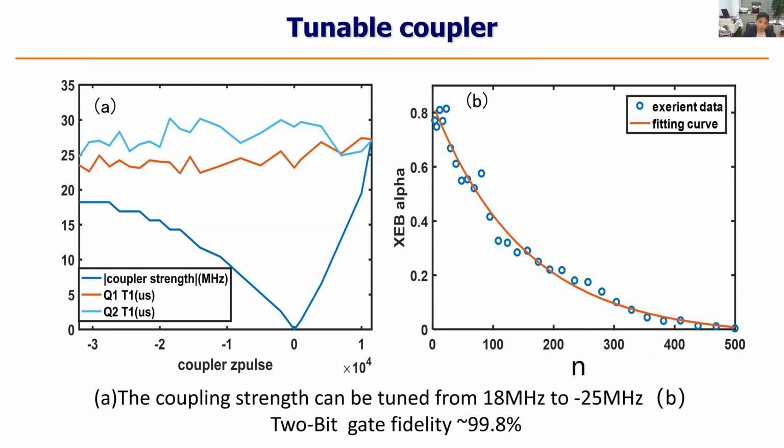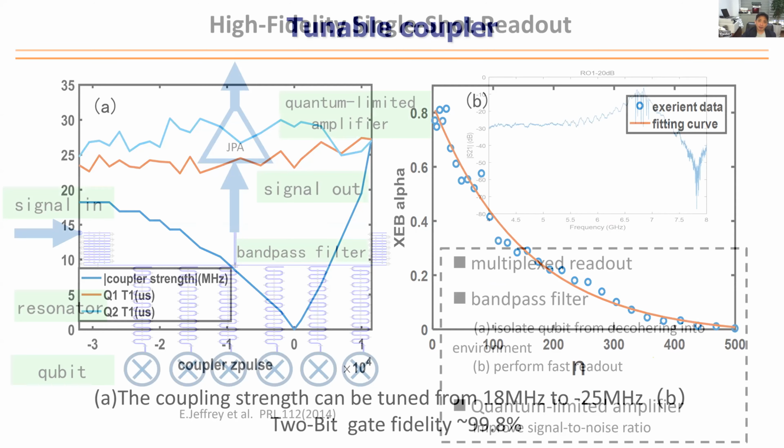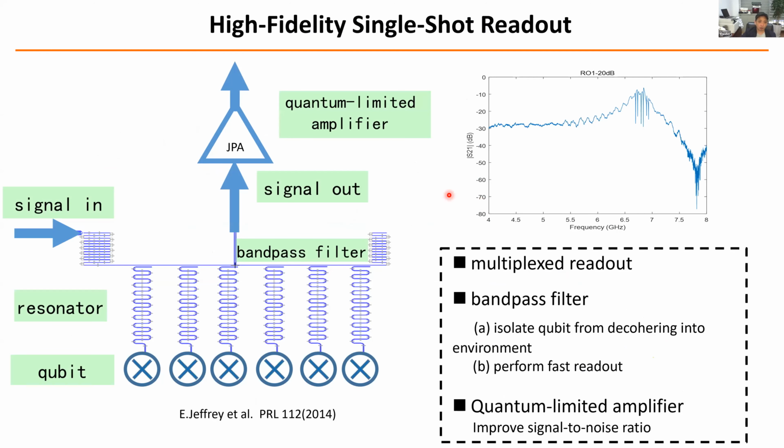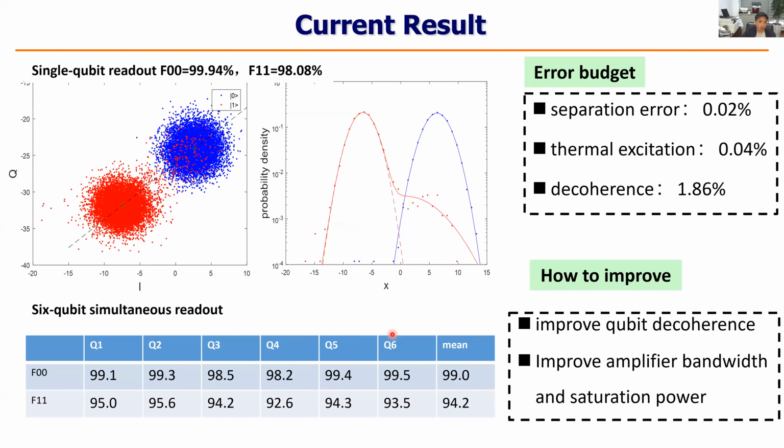That's a good result. And we also developed a very good high-fidelity readout technique to simultaneously read out all the qubits. And finally, for the 0 state, we can have higher than 99%. For the 1 state, we can have a fidelity higher than 94%.